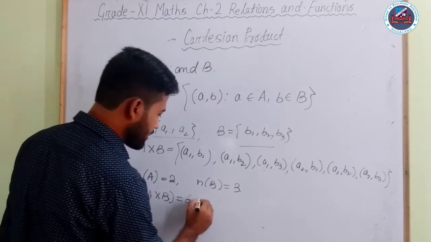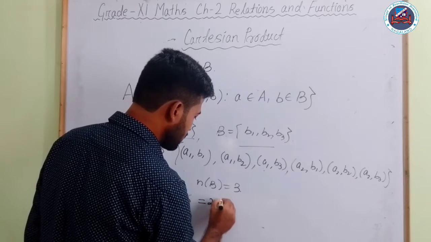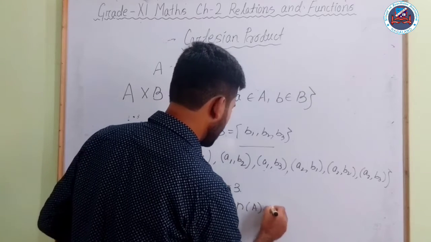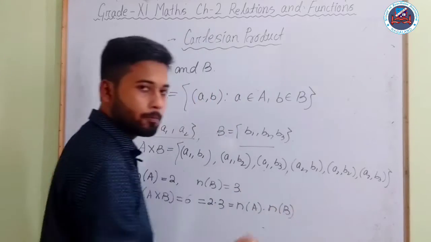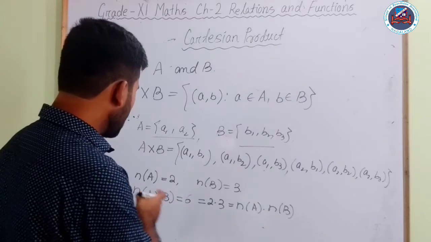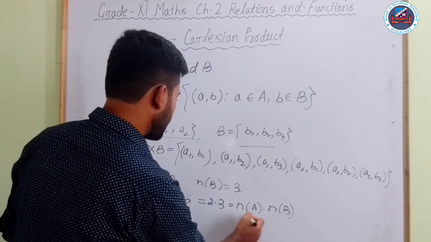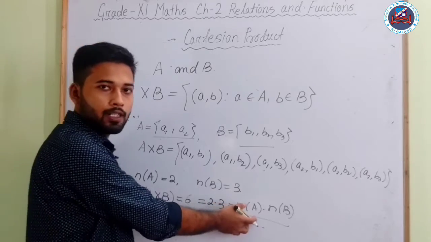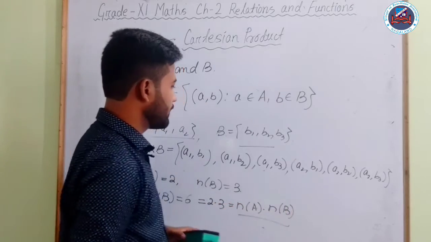So I can write 6 equals 2 into 3, which is the number of elements of A into the number of elements of B. From there we can conclude that the number of elements of A cross B is equal to the number of elements of A into the number of elements of B.